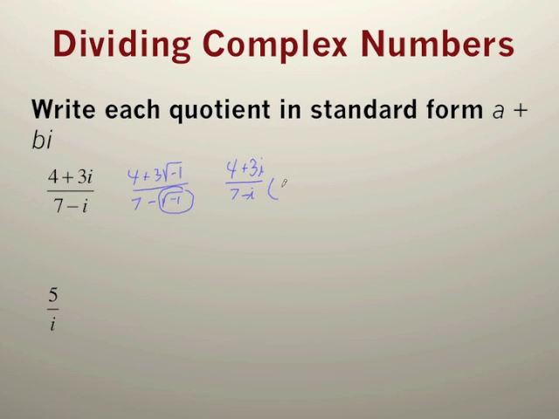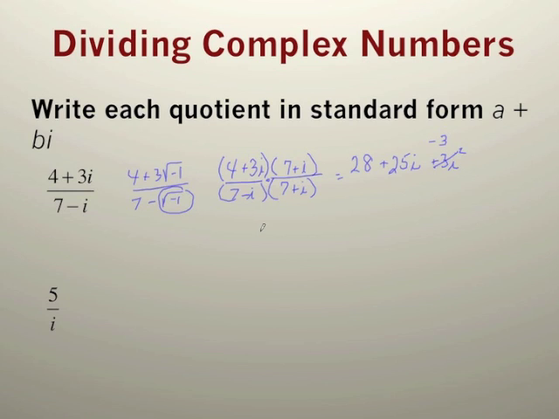If we multiply the denominator by 7 plus i, that will get rid of our i terms. But remember, if we're multiplying the denominator by something, to keep it equal, we have to multiply the numerator by the same thing. So using FOIL for the numerator, we'll get 28 plus 4i plus 21i, so plus 25i, and 3i times i, we have positive 3i squared, or negative 3.